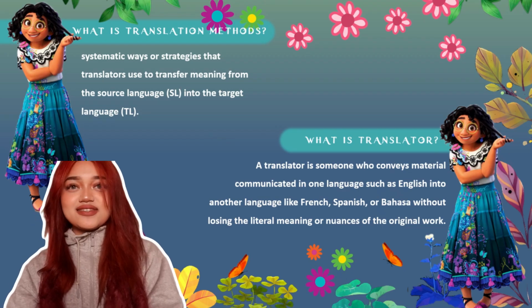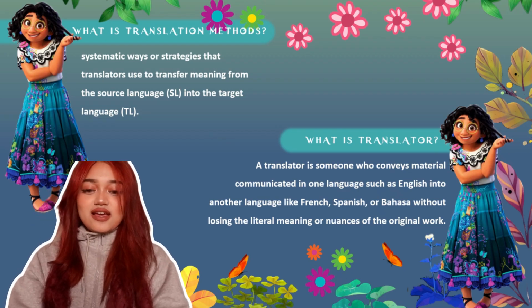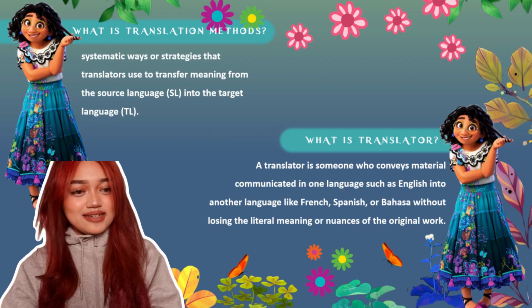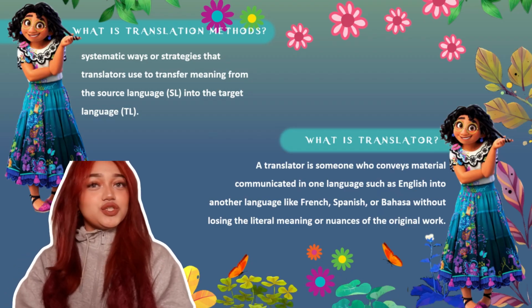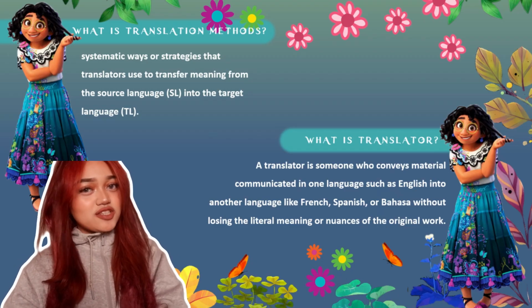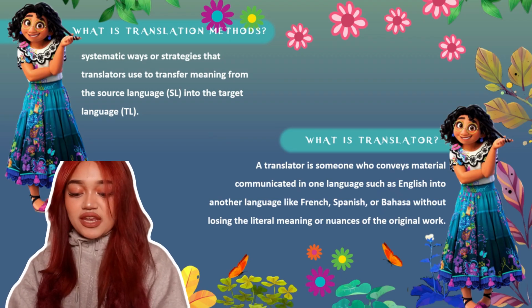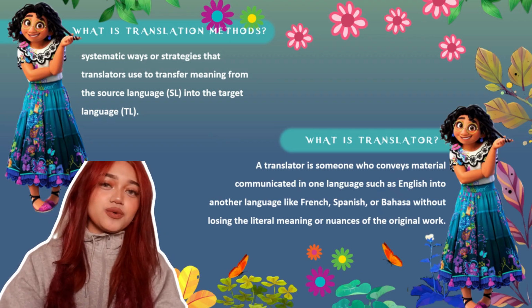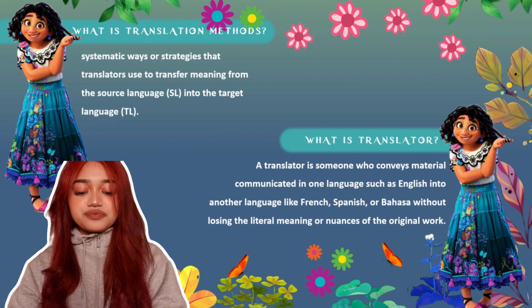So basically, translation methods are just how the translator transfers meaning from the source language to the target language.